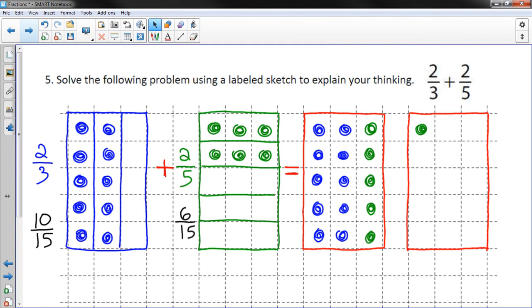And what this means is that you have one whole thing, the number 1, and you have a little extra, 1 whole and 1/15. So what you would say in your answer is, you have 1 and 1/15.